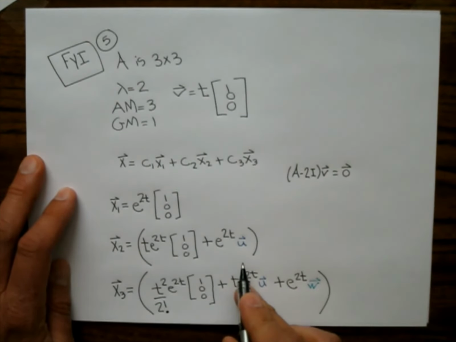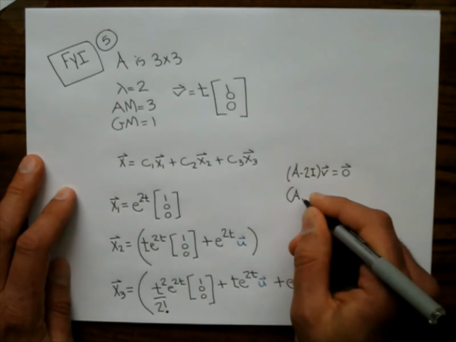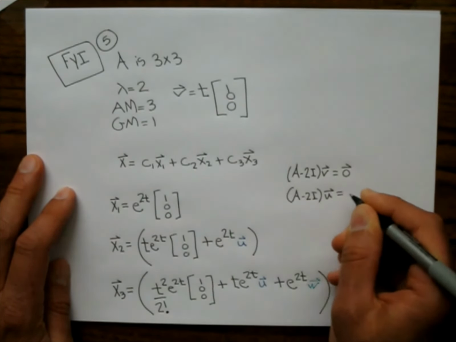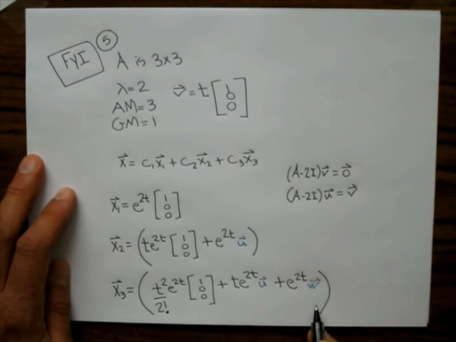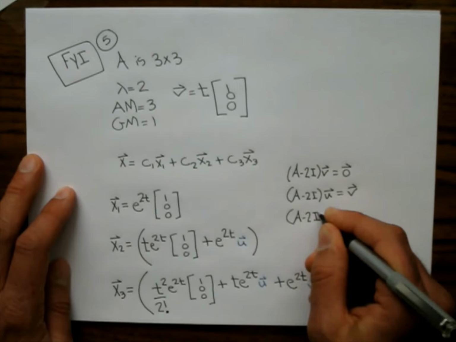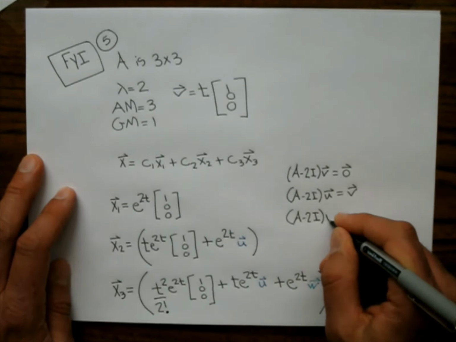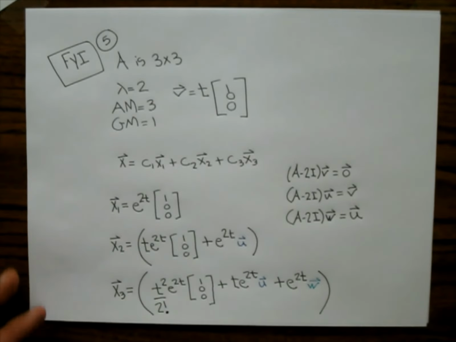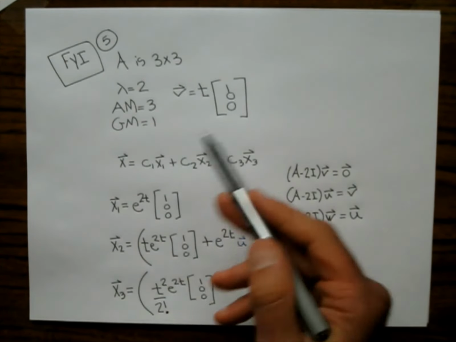How do you find your new U? You go A minus 2I U equals V. And how would you find your new W? You would go A minus 2I W equals U.